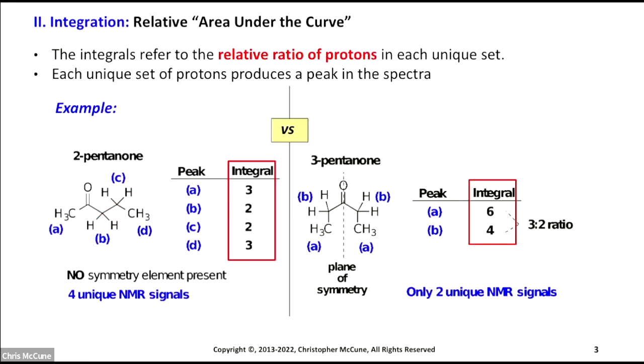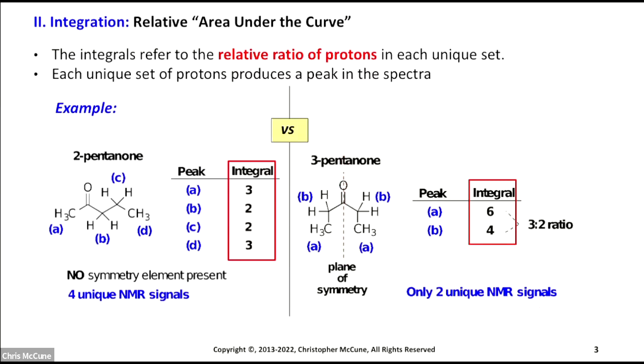Now, if you go to a different constitutional isomer, if you move the carbonyl over 1 position, now you've got 3-pentanone, and now you've got symmetry introduced here. And so it basically cuts the molecule in half here. And so now you're only going to see 2 unique NMR signals.